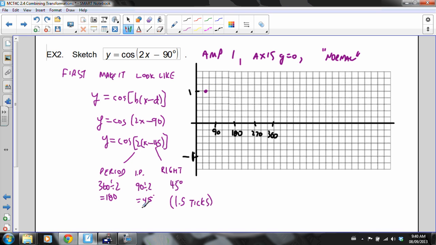And now the important points are every 45 degrees, every 1.5 ticks, like we discussed before. So every 1.5 ticks, I get an important point. High, middle, low, and the low is just the 1 unit because I don't have an amplitude change. Middle, every 1.5 ticks. See that 1.5 ticks?